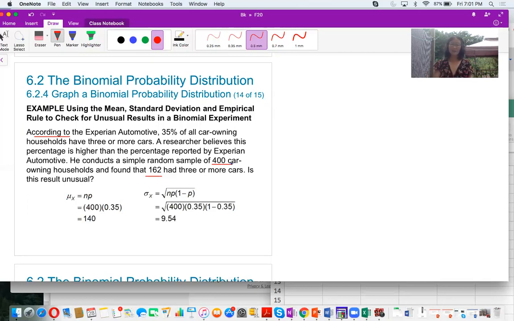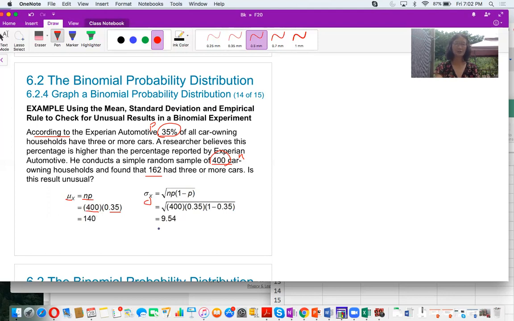To answer if the result is unusual or not, we need to calculate the mean and standard deviation, and then use the empirical rule. So the mean of the binomial distribution is n times p. n is the number of trials, p is the probability of success. So this is p, 35%, and this is n. We also need to calculate the standard deviation: square root of n times p times (1 minus p).